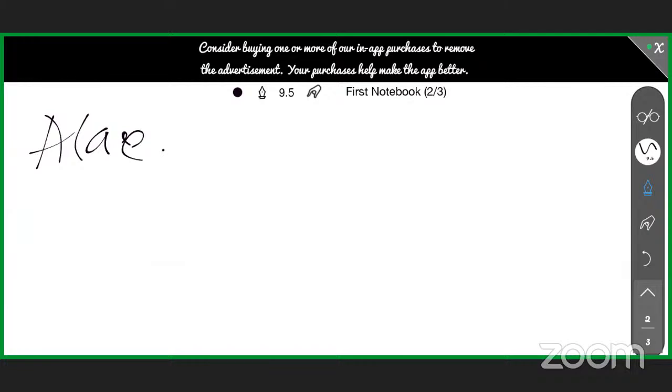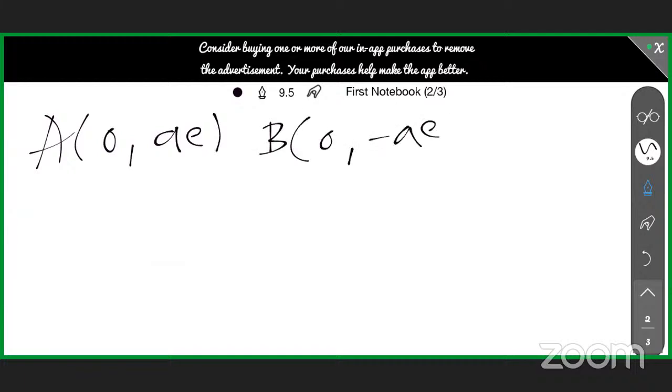Sorry, I have given the points a little wrong. A is 0 comma ae and B is 0 comma minus ae, these are 2 points.